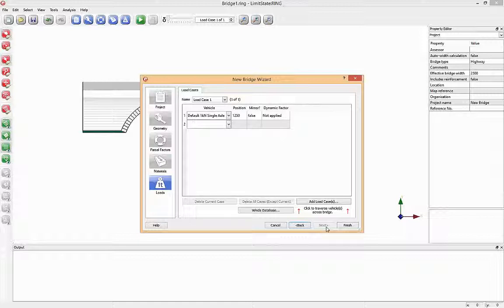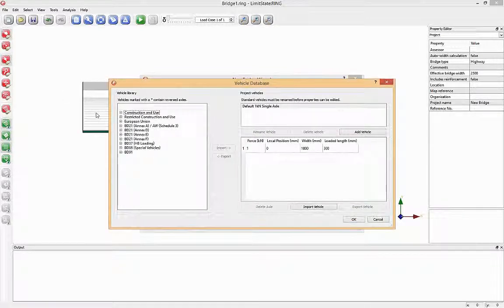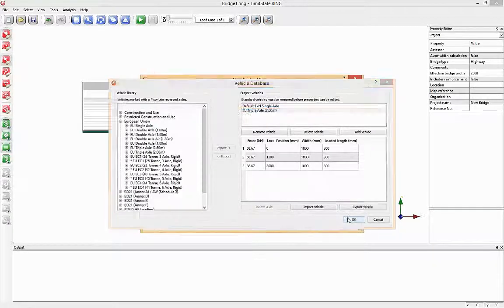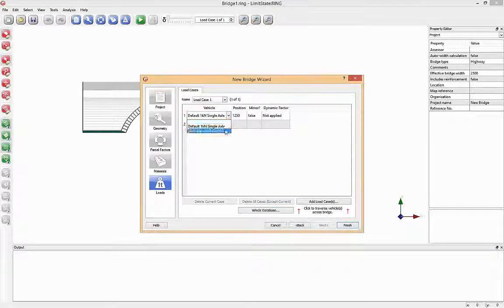But what I will do is I'll choose a vehicle. Various vehicles I could choose. I could choose, for example, an EU triple axle, and I could set that here.